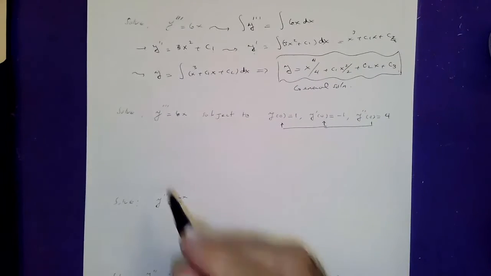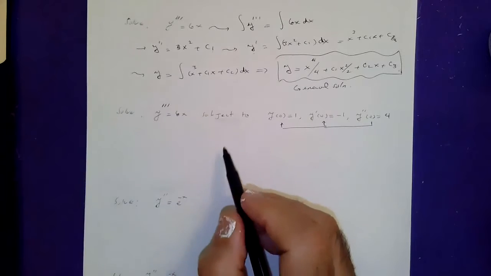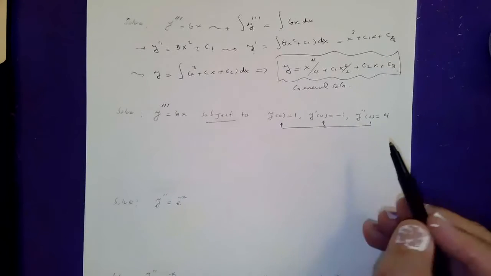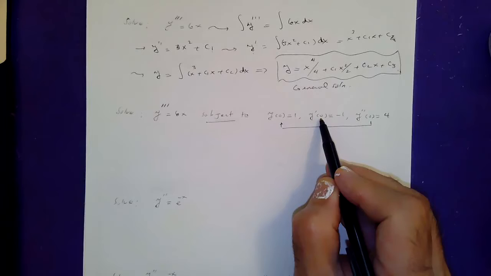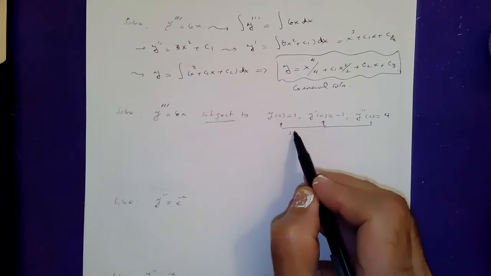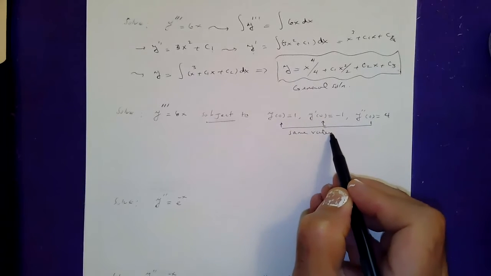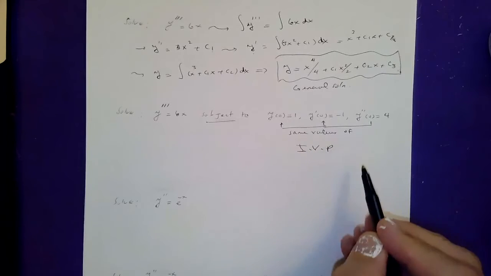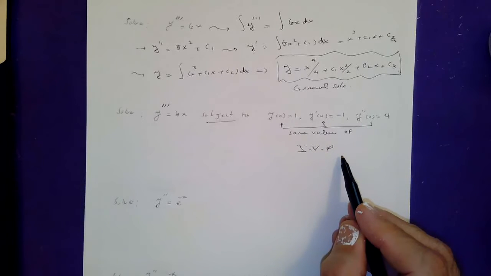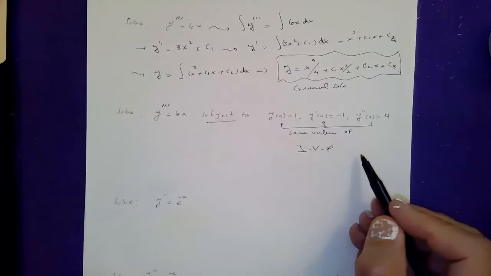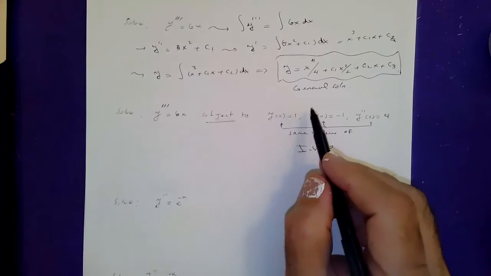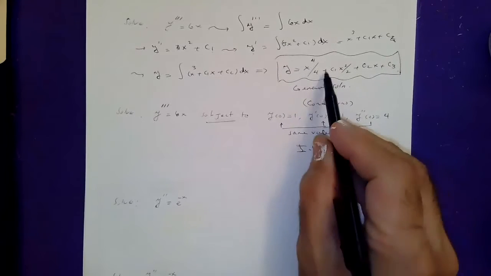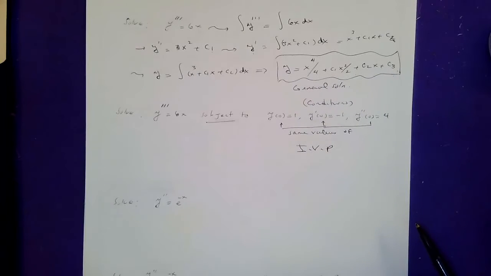The next example is to solve the same equation, except now it's subject to initial conditions. Notice all the conditions are based on the same value of x, so these are called IVP problems, initial value problems. Why do we have these conditions? These are conditions to find c1, c2, c3.